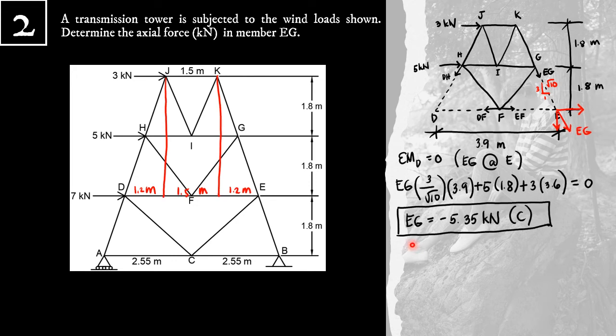This is the exact value of EG because the values we used in our calculation were not rounded off to 2 decimal places. Rather, we used exact values.